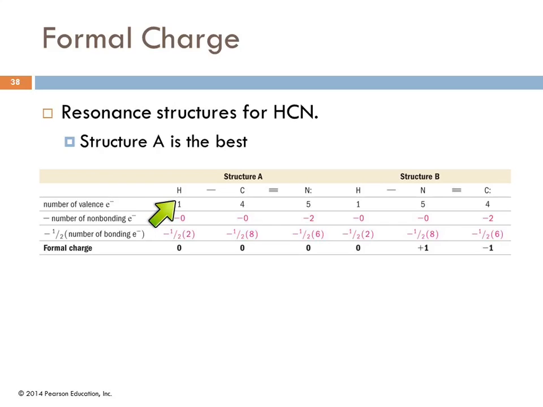Now I'm going to look at the electrons that the hydrogen owns in this structure. I'm going to draw this out bigger because that's kind of hard to see. So here we've got H, we've got C bonded over here, and this other atom. I'm going to draw a line here.